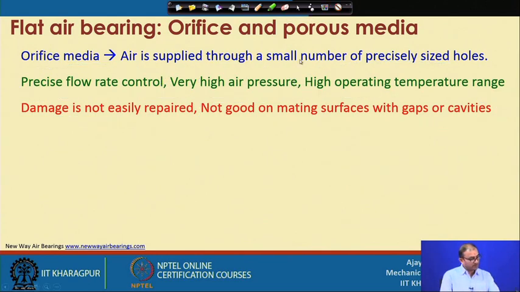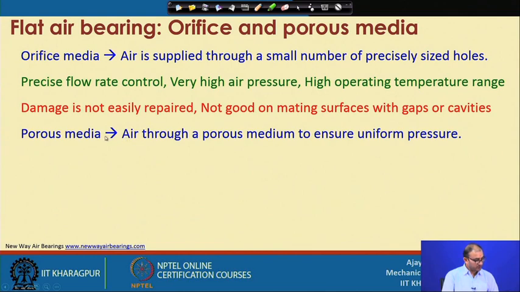But still, this is the first type of air bearing which was developed, and in many applications it is still preferred because of some advantages. Many times you will take care of this part by some type of gap sensing element or sensor, and then it is more versatile and easy to use.